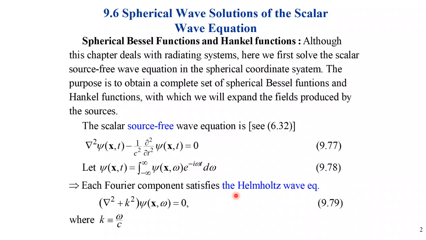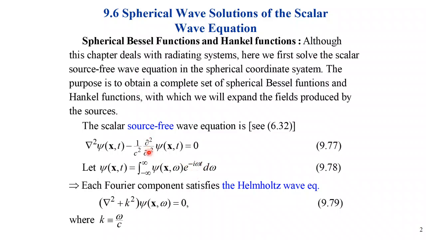So we get the Helmholtz wave equation, a time-independent source-free wave equation. What is the difference? We substitute this one into here, and there is no time dependence. The time dependence is just here.